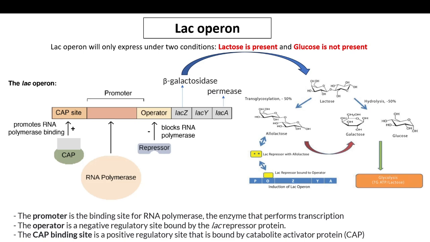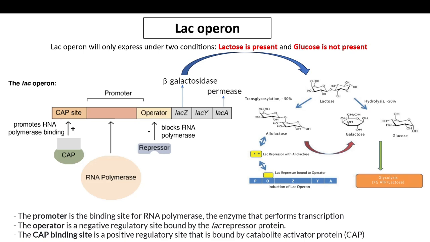If the bacteria can metabolize lactose into glucose, then it will serve its purpose. Mind you, they do this only when glucose is not present, but lactose is present as their sole carbohydrate source.